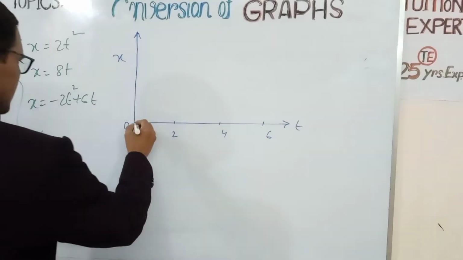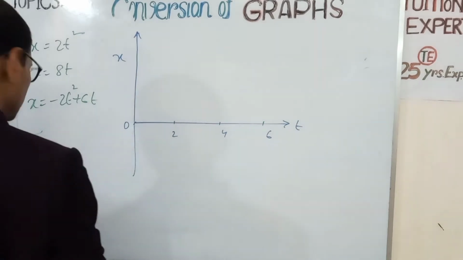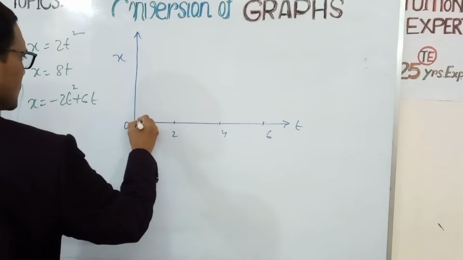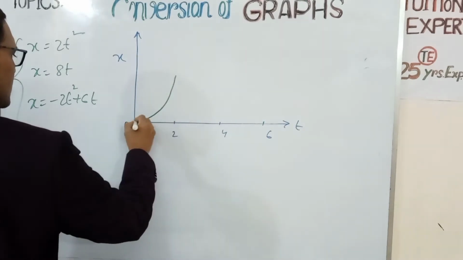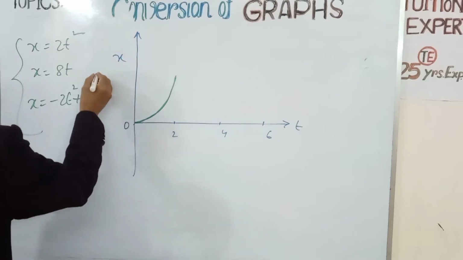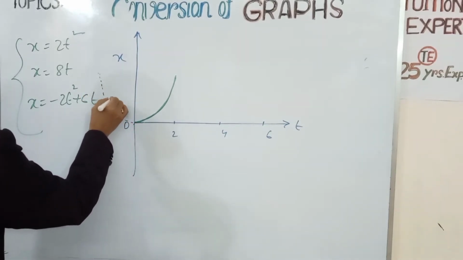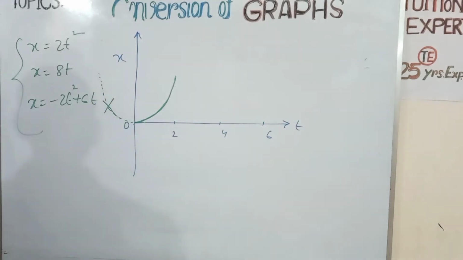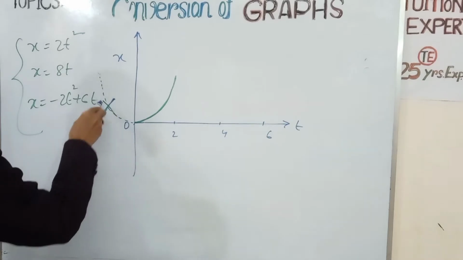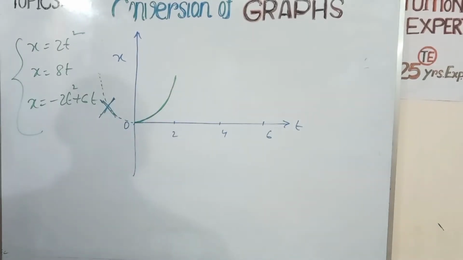So the parabola graph will be this, but as t is not negative, this portion is cancelled. As time cannot be negative, this portion is cancelled. So the graph is this, 0 to 2.